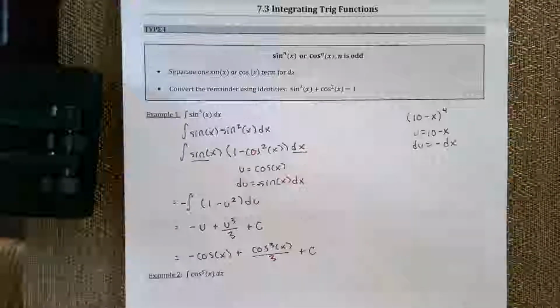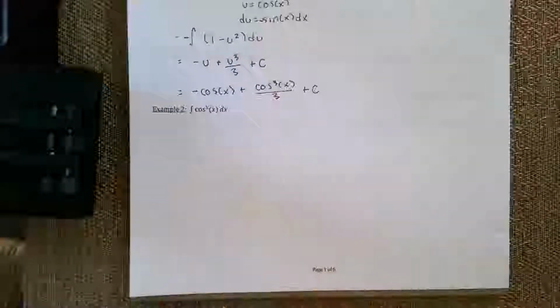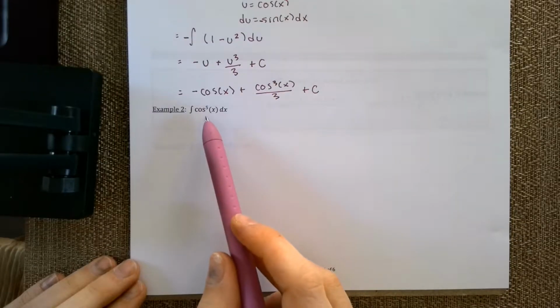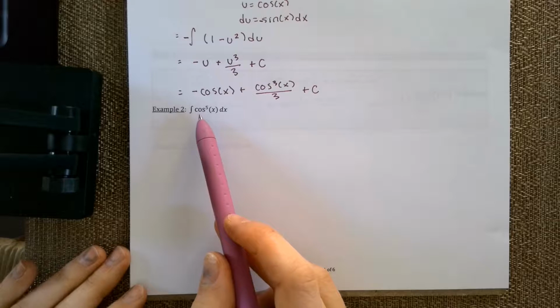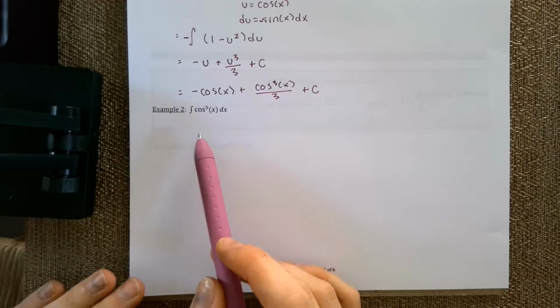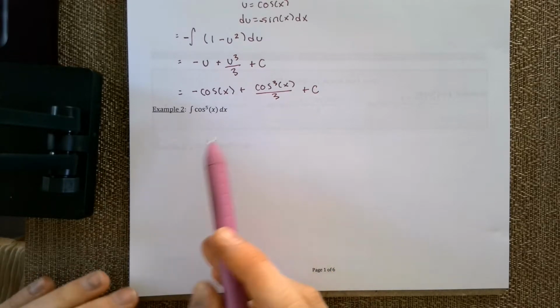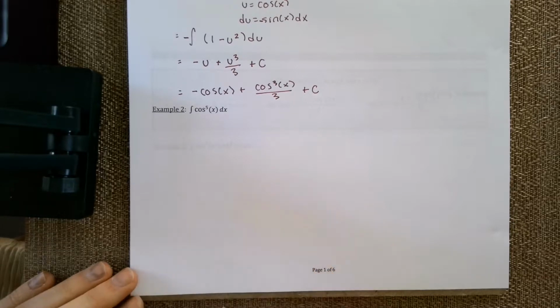Okay. If you'd like to try another one, this will be in the filled notes. It's cosine to the 5th x dx. And again, you're going to pull out one of those cosines and try to do some kind of substitution. You're going to get a cosine to the 4th though, so that's going to mean you might need to do a little bit of algebra or some kind of creative, more complex u sub to get down to a certain power.